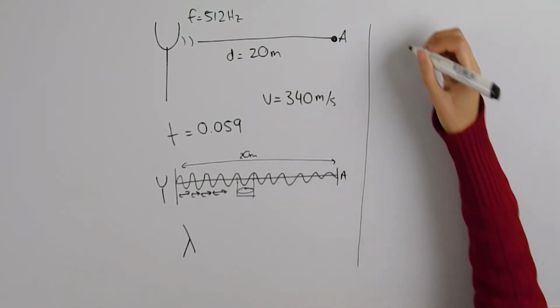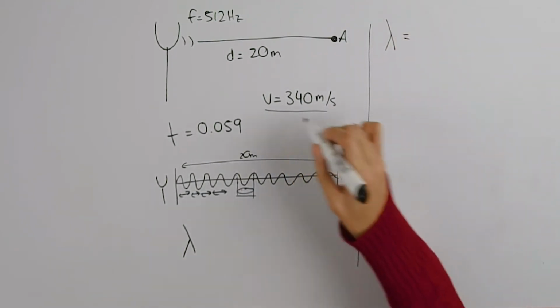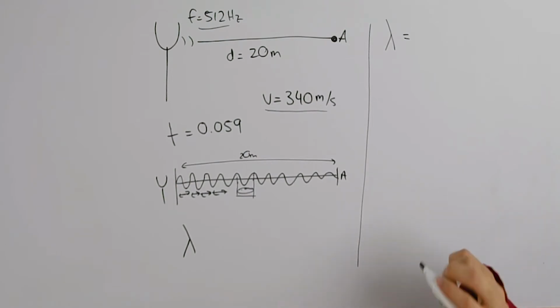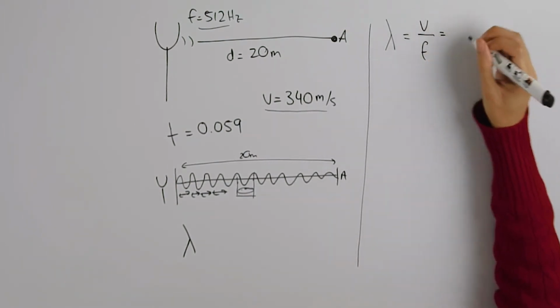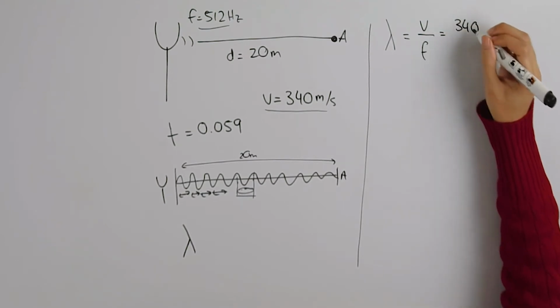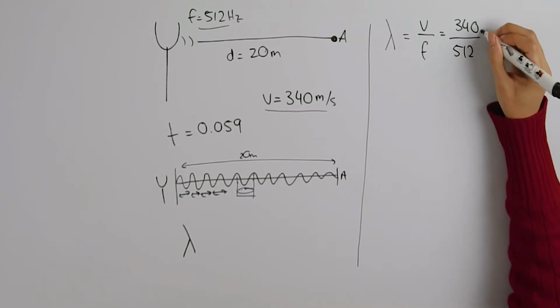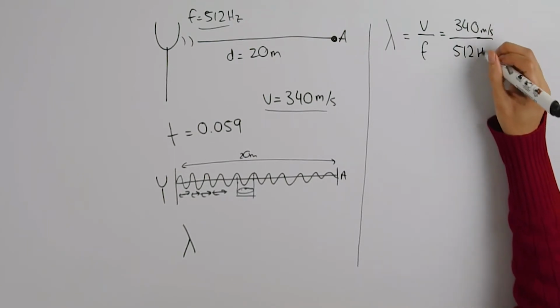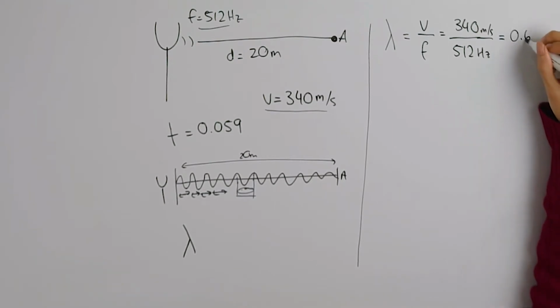So the first thing we need is the wavelength of the wave. Now we have the velocity and we have the frequency, which means we can easily work out the wavelength, which is v divided by f. So we have 340 divided by 512. Now this is going to give us 0.664 meters.